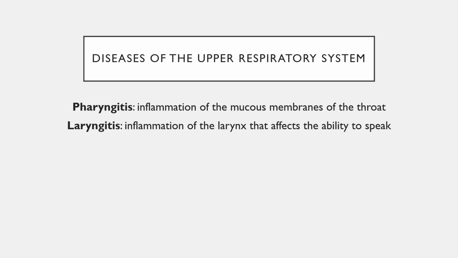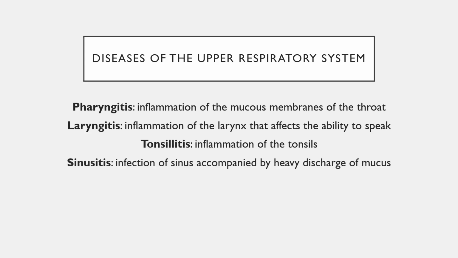Laryngitis, the larynx is your voice box, and so laryngitis is inflammation of the voice box that affects the ability to speak, and this is what can cause you to quote unquote lose your voice. Tonsillitis is inflammation of the tonsils, and lastly, sinusitis is infection of the sinus, which usually comes with heavy mucus discharge, as many of us are probably familiar with.